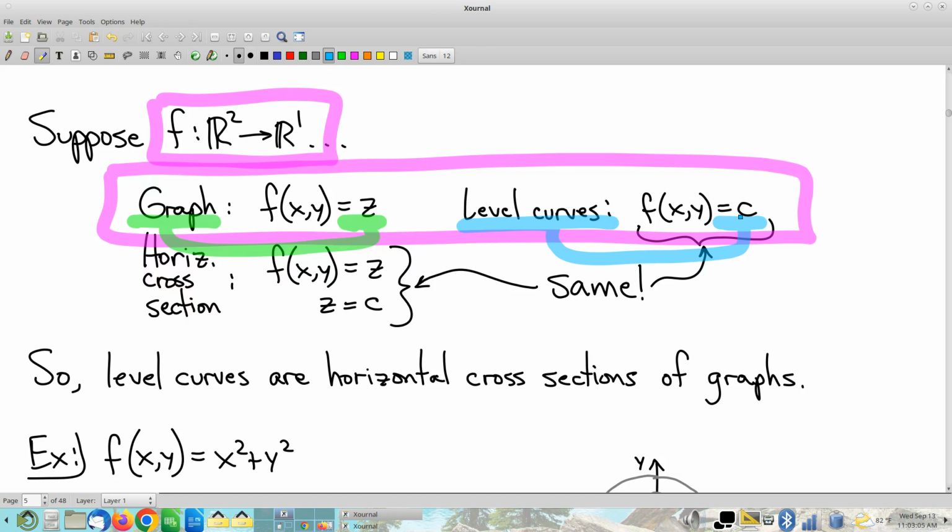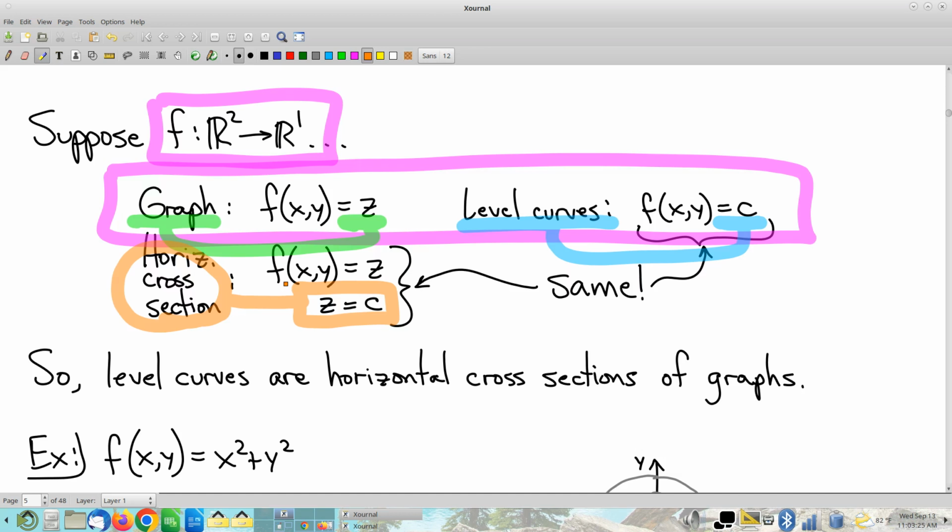That said, if you were to take a horizontal cross section, keep in mind what a horizontal cross section is. A horizontal cross section is a horizontal plane like this. That means z is a constant value, so a very easy equation: z equals constant.